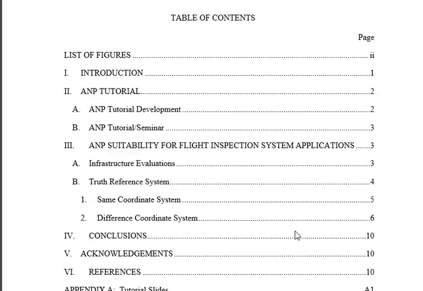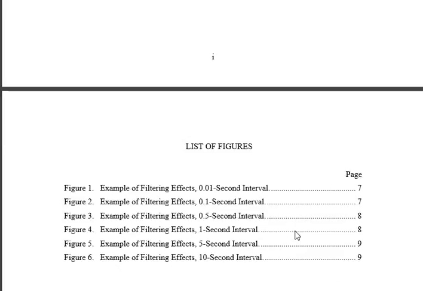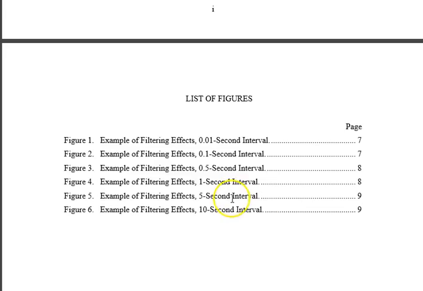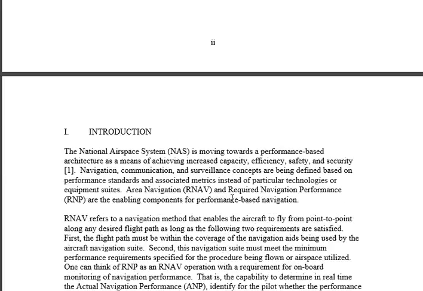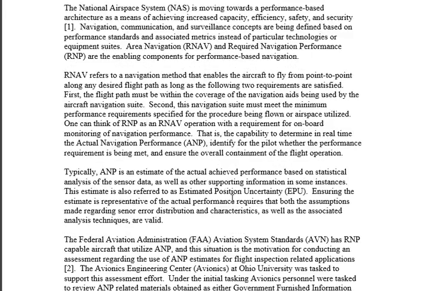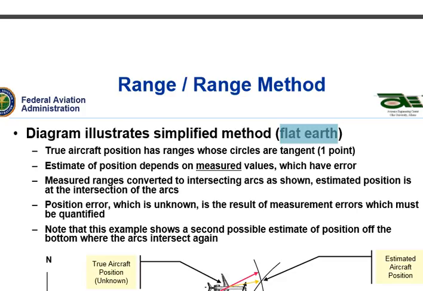I didn't read the whole thing, but it's an interesting document. You've got some figures here that they show in this document, and an introduction. So I'm going to take you right to the meat. Let's tie you up and let the waterboarding begin. Here we go.